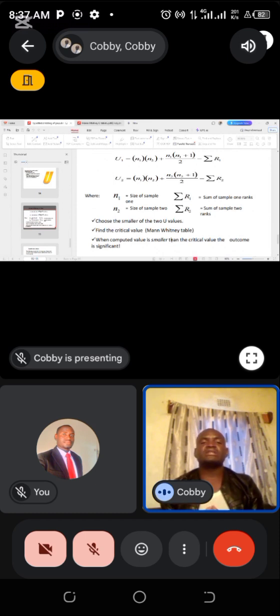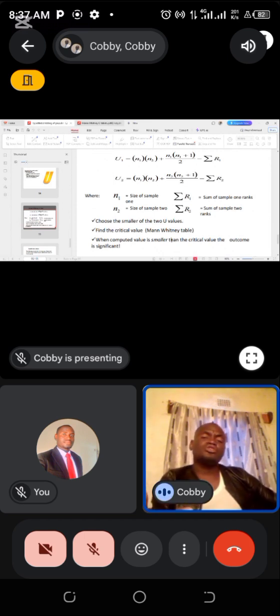That means you cannot reject the null hypothesis. Or sorry, you can reject the null hypothesis when the test statistic is smaller than the critical value. You reject the null hypothesis.